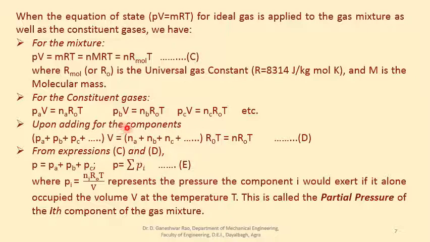Similarly, PBV is equal to NbR0T, where Nb is the number of moles of gas B. Similarly, PCV is equal to NcR0T and so on. Right? Now, if you add for all components these equations, left hand side and right hand side, PAV plus PBV plus PCV is equal to NaR0T plus NbR0T plus NcR0T.